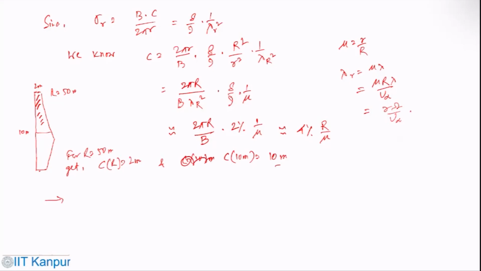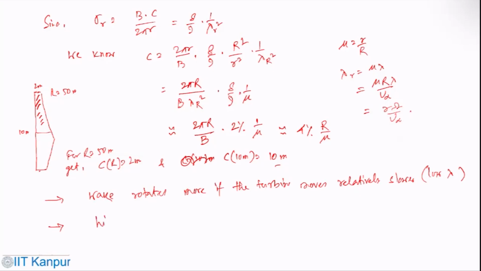One is that wake rotates more if the turbine moves relatively slower, that is low lambda, and higher lambda leads to low wake rotation.